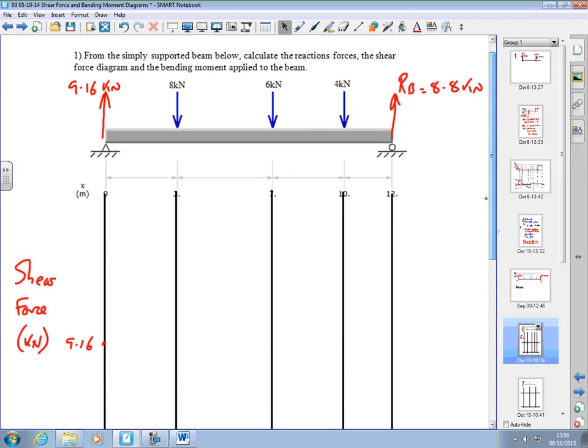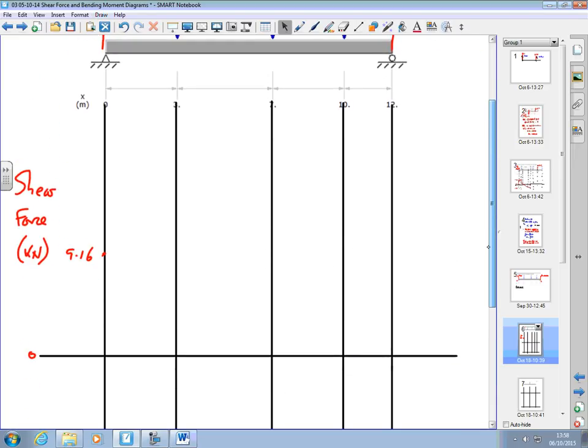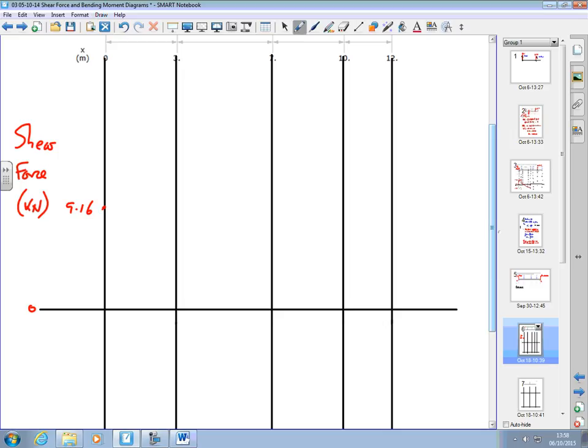And then nothing else happens until we get to the 8 kilonewton mark. So we go across to there, and then come down to 1.16.